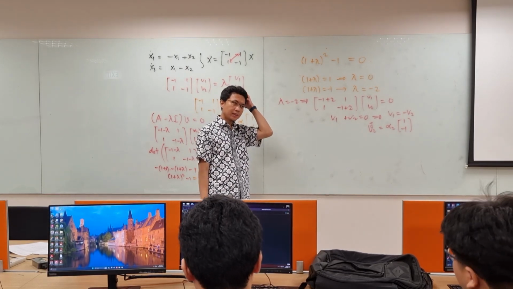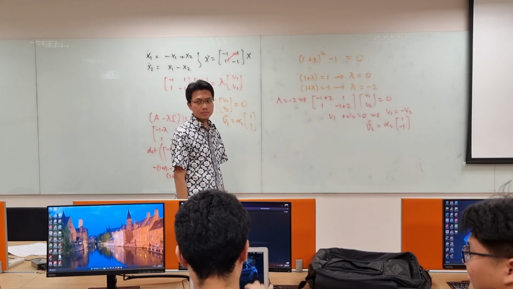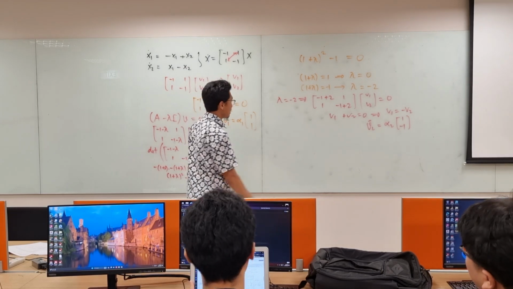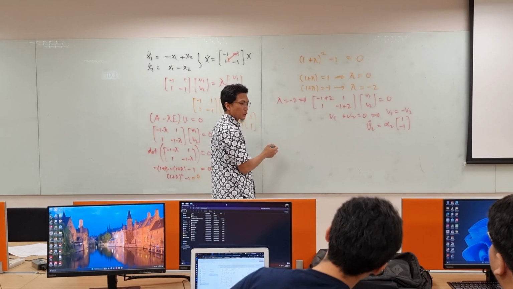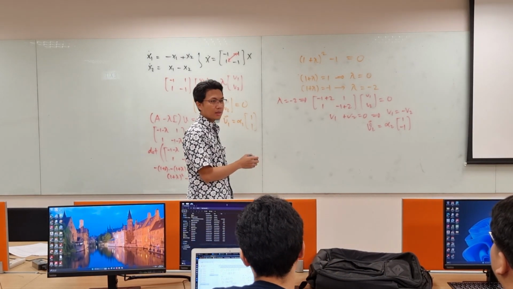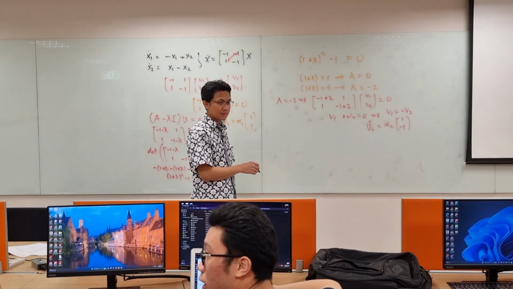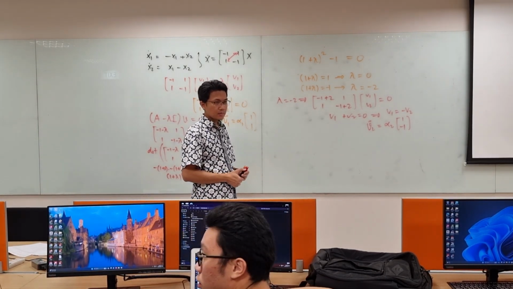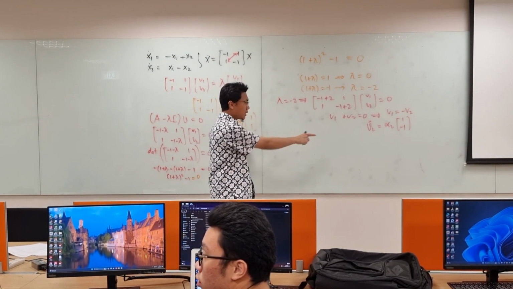I put alpha, but the alpha was wrong. The theory is alpha 1 equals alpha 2, where alpha 1 and alpha 2 are real numbers. Yes, all real numbers, but they are not the same; they don't put them as the same.